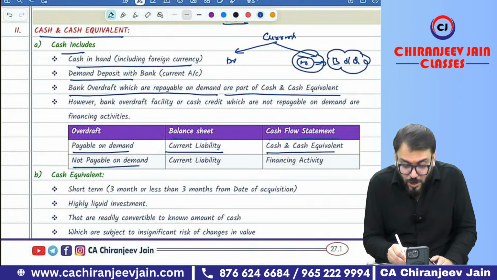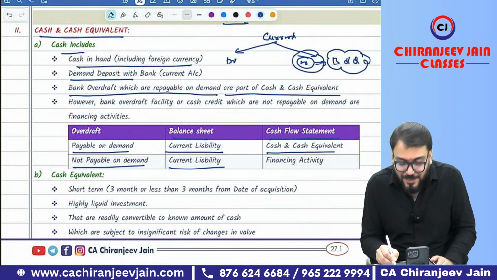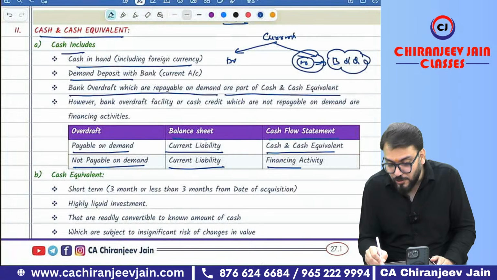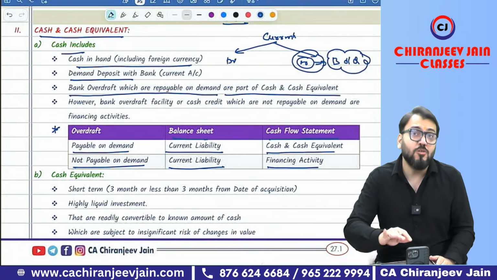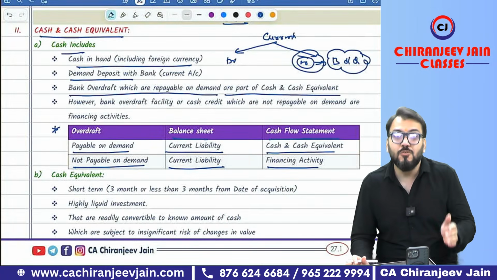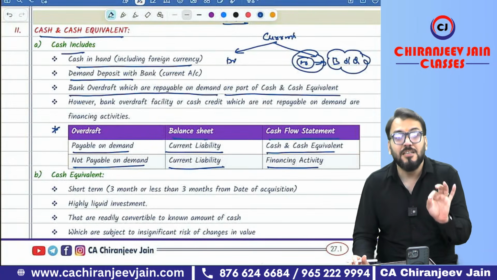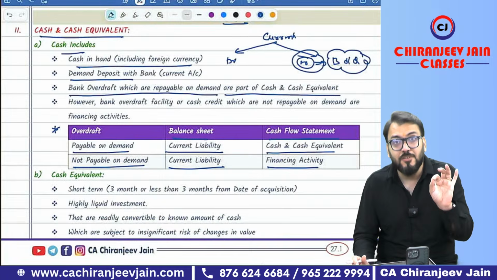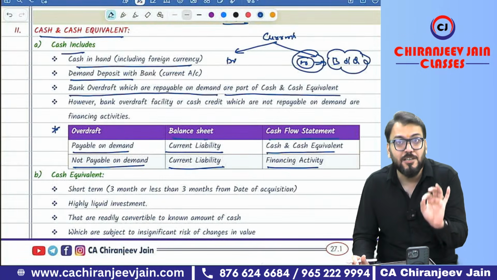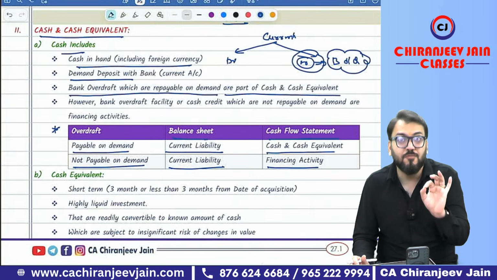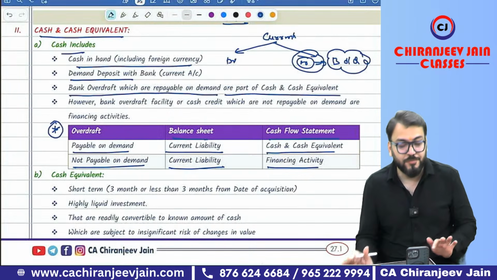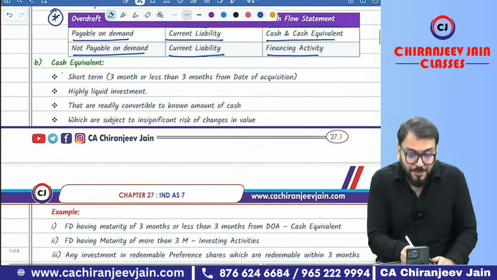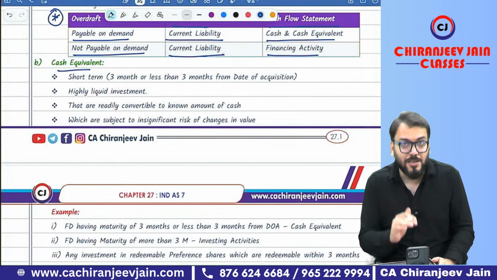But if it is not payable on demand, in the balance sheet it will be a current liability, but in the cash flow statement it will be a financing activity. This is important. Whenever the question is silent about bank overdraft, in this chapter we assume it is cash and cash equivalent, and we reduce it from cash and cash equivalent to find out cash and cash equivalent for the purpose of this chapter. Understood? Now what is the meaning of cash equivalent? Cash equivalent means short term.